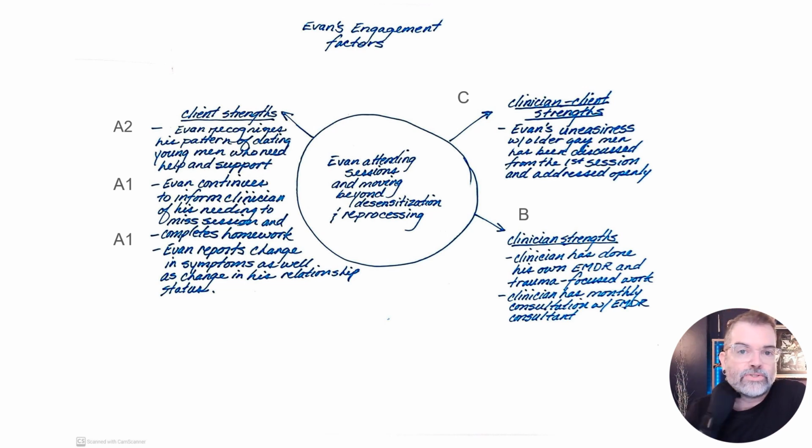reducing the barriers to engagement. And thirdly, recognizing his pattern of being a helper. The fact that he recognizes it both as a strength and, if overused, as a hindrance to developing a healthy relationship.